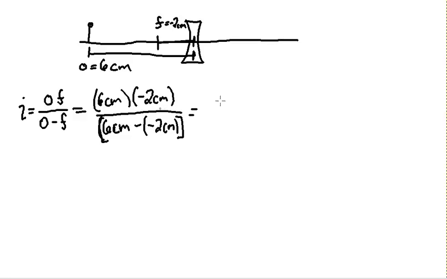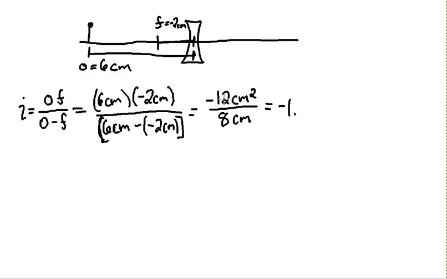Alright, 6 times -2 gives us -12 centimeters squared. And now we have 6 minus -2, which is the same as saying 6 plus 2. 6 plus 2 is 8 centimeters. 8 goes into 12 one time, but it's -12, so that's -1 point.